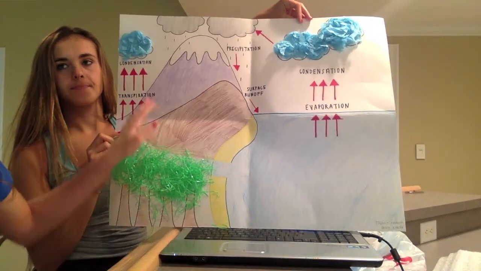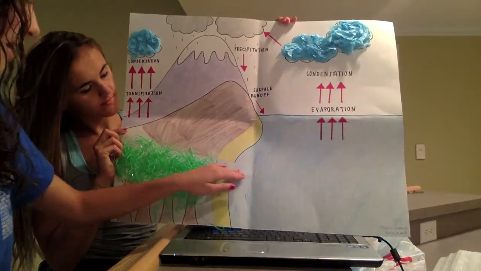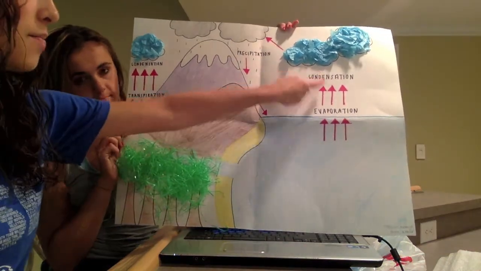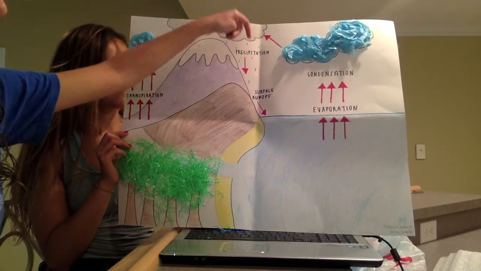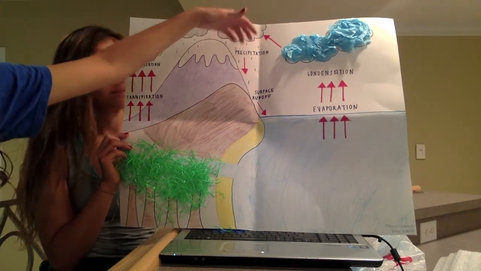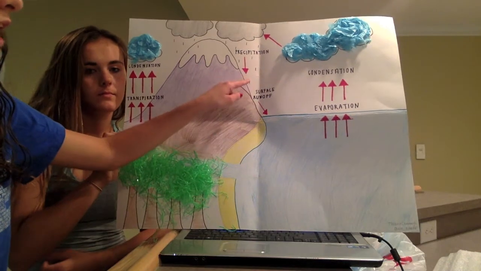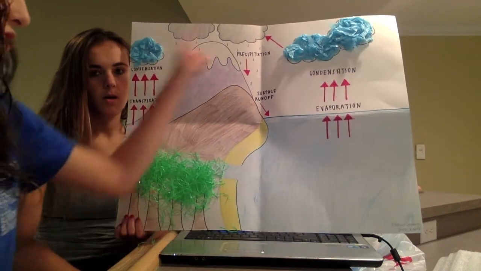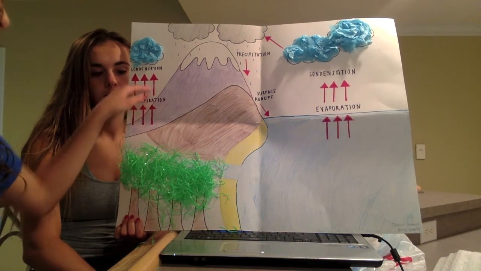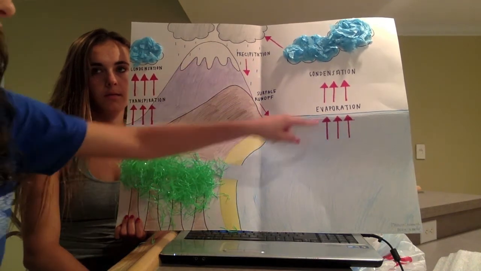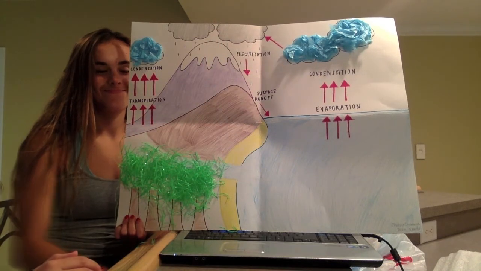You can see that it starts mostly with evaporation, from the ocean and rivers, and it goes up, and in the clouds is condensation, and it turns into precipitation as hail, sleet, snow, rain, whatever, and it comes down, and it either goes off into surface runoff and gets back into the ocean, which starts the whole cycle again. And also through trees, the water can go through transpiration and also start the whole cycle again. So it's just this whole cycle revolving.